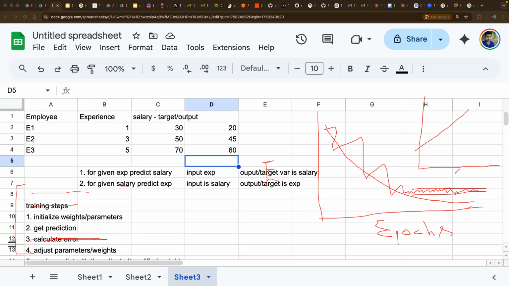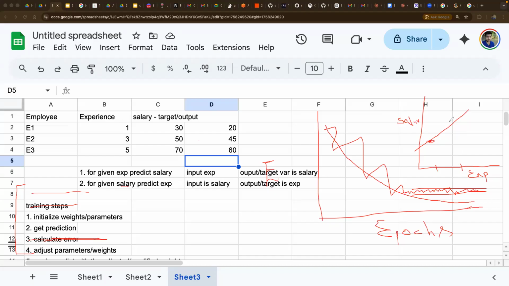Here it shows independent variable experience and salary on the dependent axis or y-axis. So when experience is zero, salary should be zero. So you can make it pass through the origin also. But as of now, let us consider this is the point. And when the experience is one, we have some salary of 30.